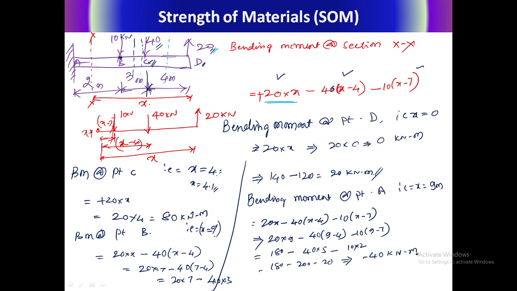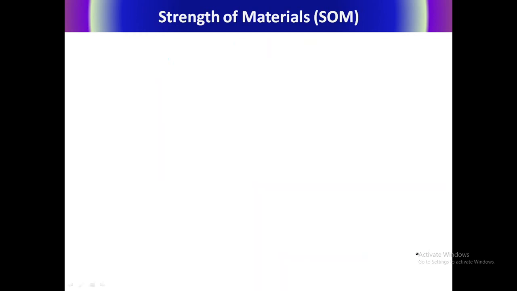Now, let us look here. Now we need to draw the diagrams here. So the diagram should be drawn exactly below the space diagram. Below the space diagram, not somewhere else. Now this is 20 kilonewton, this is 40 kilonewton, this is 10 kilonewton, right?